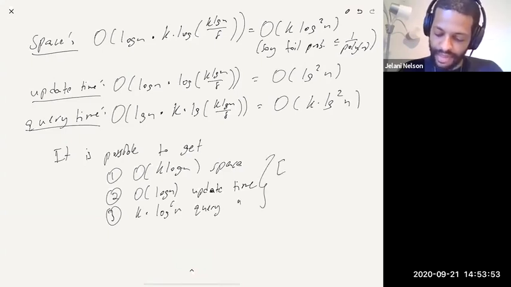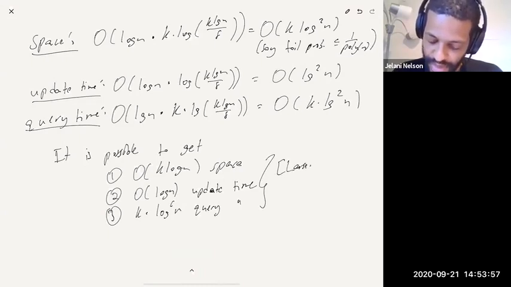So this is something called the expander sketch. This is due to Kasper Green Larsen, myself, Huy Nguyen, and Mikkel Thorup.